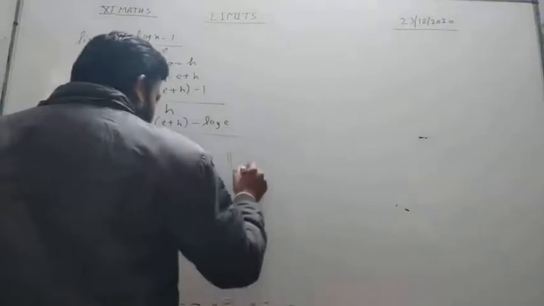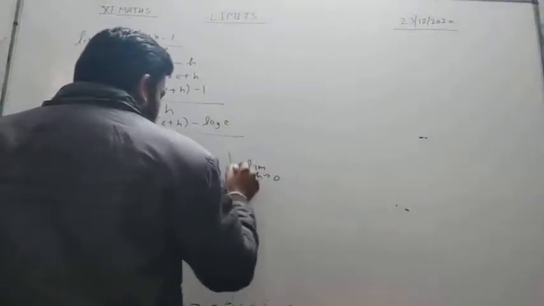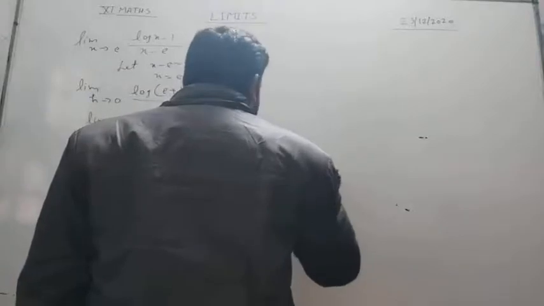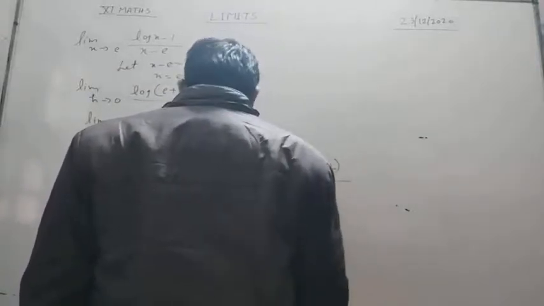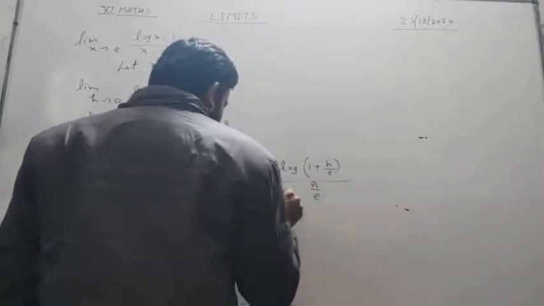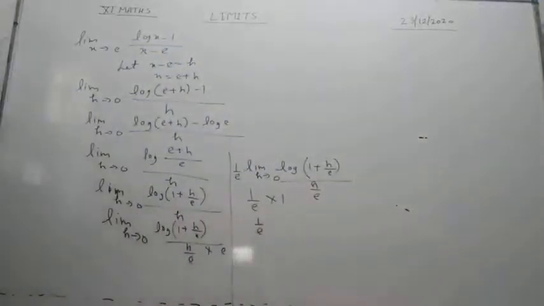So we write the limit as h tends to 0 of 1/e times log(1 + h/e) by h/e. So this is 1 and the value of this is 1 by e.